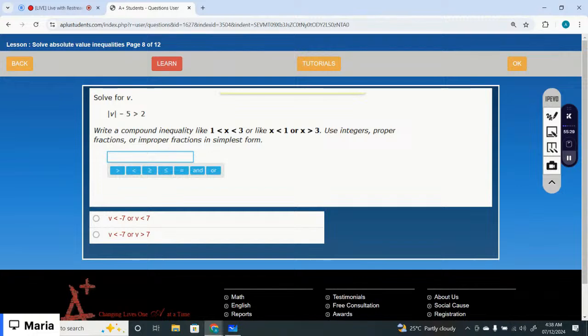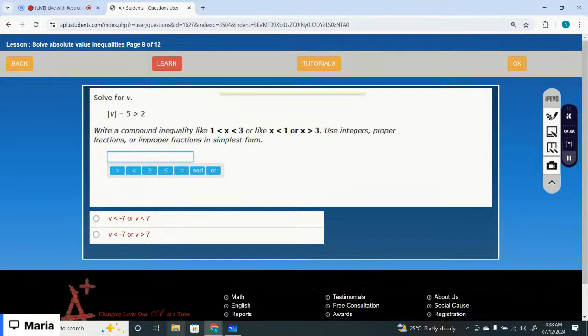So which is the correct option? That is V is less than negative 7 or V is greater than 7.